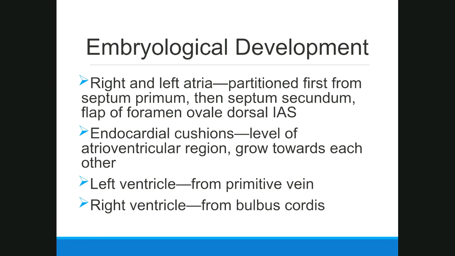It's the very middle of the heart. It's the level of the atrioventricular valve. So if you think about a heart where you have your mitral and tricuspid valves, in the very center between the ventricles is the endocardial cushion area. So endocardial cushion defects relate to that area at the crux of the heart.